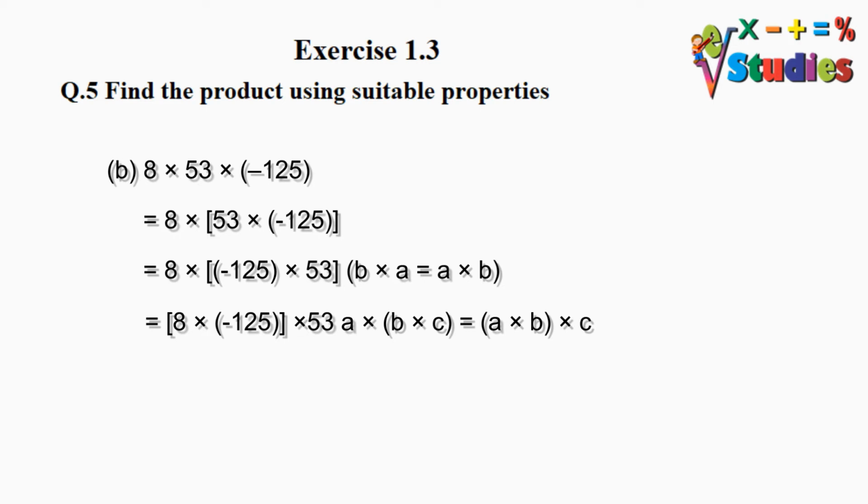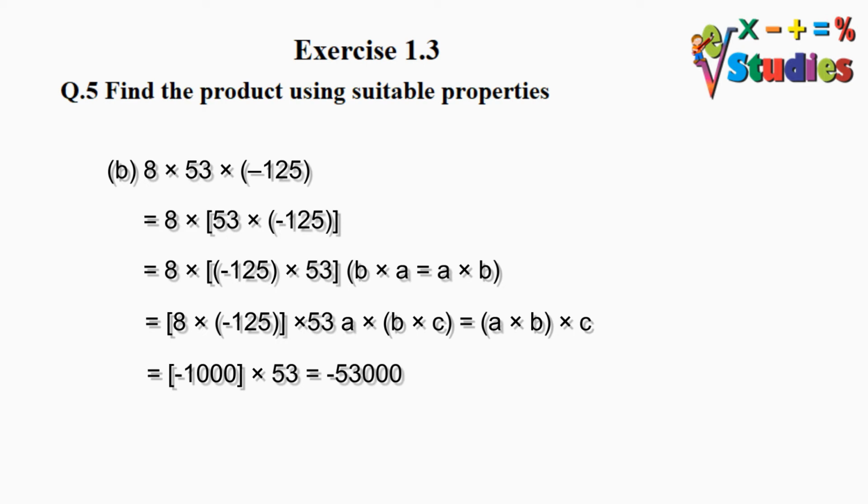If we multiply these two numbers, we would get 1000, and then it will be easier for us to multiply with 53. So multiplying 8 with negative 125 would give us negative 1000, and then multiplying negative 1000 with positive 53 would give us the answer negative 53,000.